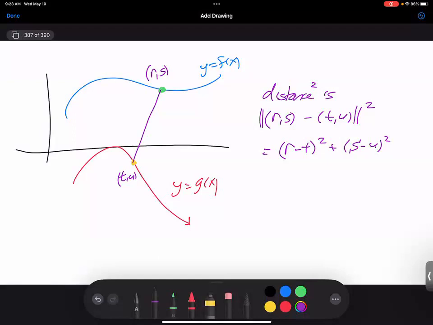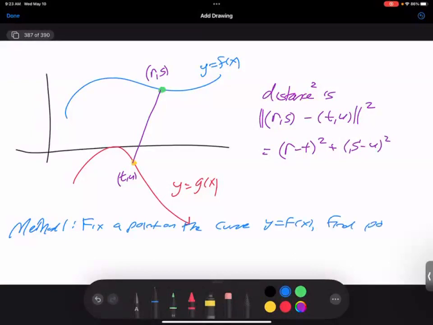So method 1: fix a point on the curve y equals f of x, find the point on y equals g of x that is closest by using what method? Lagrange multipliers.